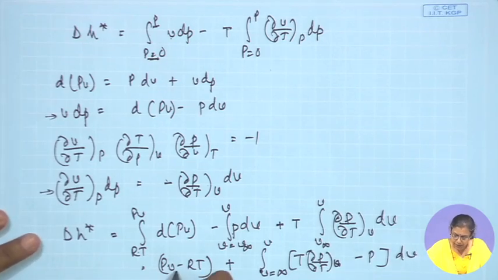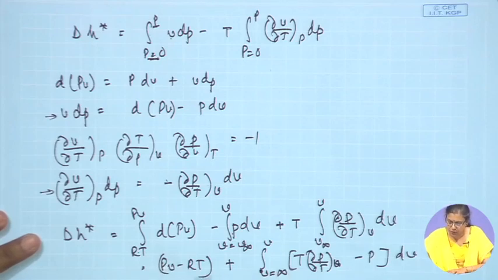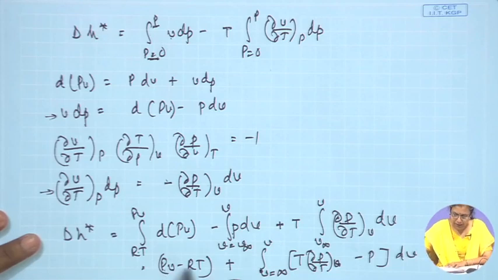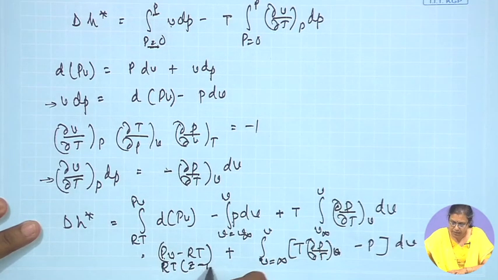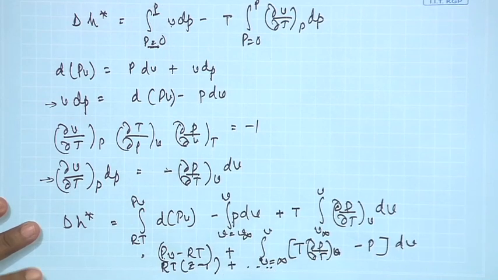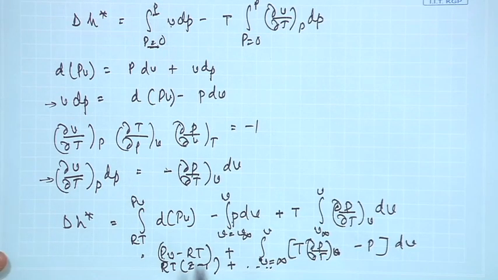And PV, for ordinary gases, is ZRT, so PV minus RT can also be written as RT into (Z minus 1), plus the term we have written down. So from this equation, once you know the equation of state, you are in a position to find delta H star.